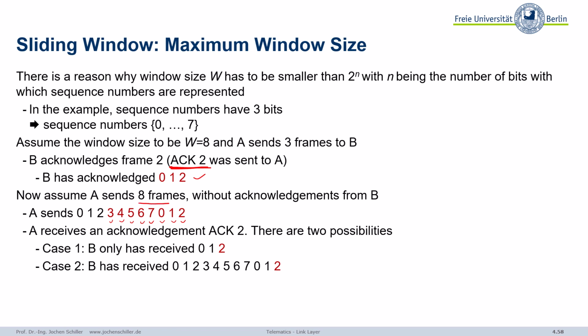This is 8 frames. So what happens? Now, it could be the case if A now receives acknowledgement ACK 2, that so far B has only received 0, 1, 2.